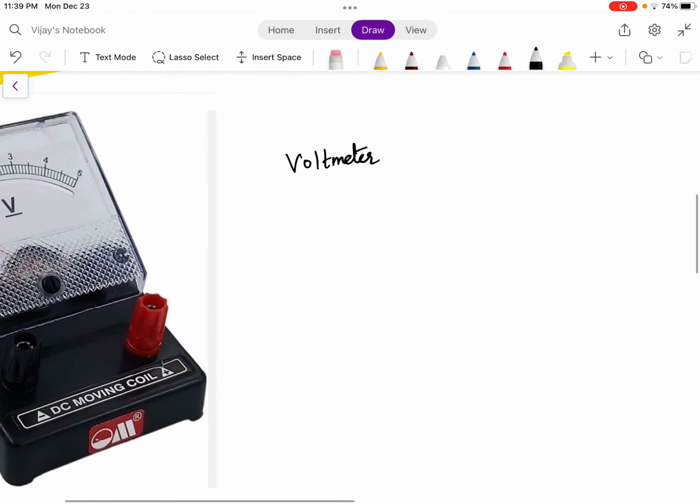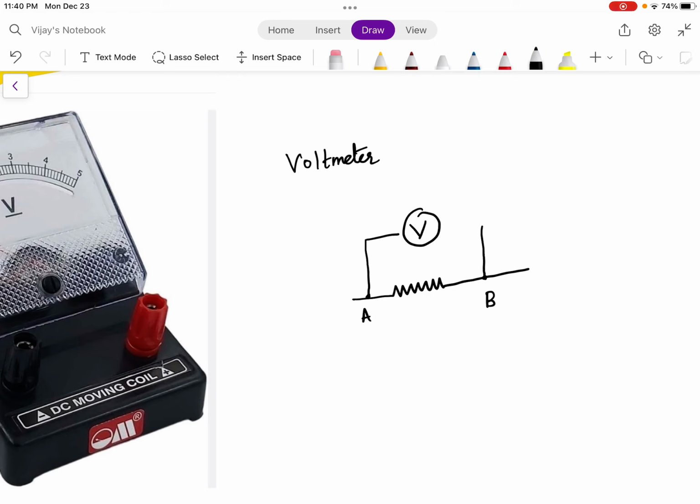Now see here, suppose this is a resistor, and this is some point A, this is some point B. I want to measure the amount of voltage between A and B. So I will connect the voltmeter parallelly across the 2 points where I want to measure the voltage. This is how a voltmeter is connected.